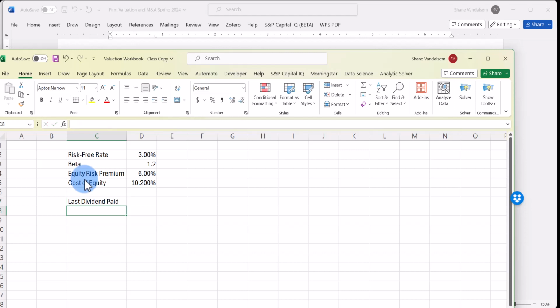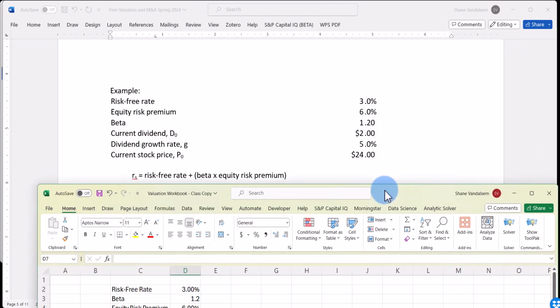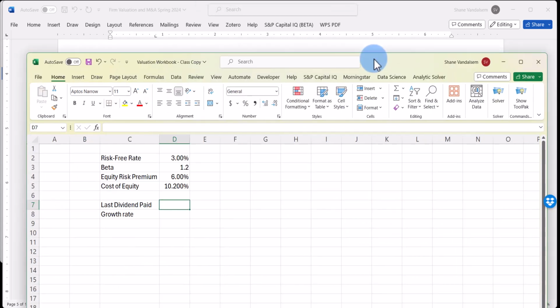When we start to work with real companies, we sometimes will get quarterly amounts, and we want to annualize those. Our last dividend paid is D sub 0. Our growth rate, in this case a constant growth rate, was 5%. So our D sub 0 is $2 and our growth rate is 5%.